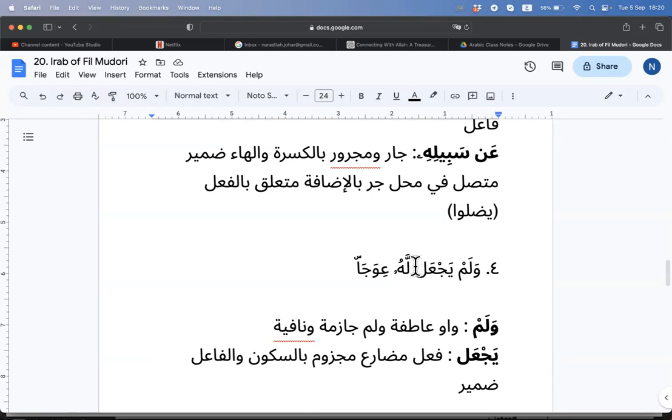Muttasil means it's attached. Huwa is mustatir, hidden. Jawazan or wujuban? Jawazan, taqdiruhu huwa. Good.